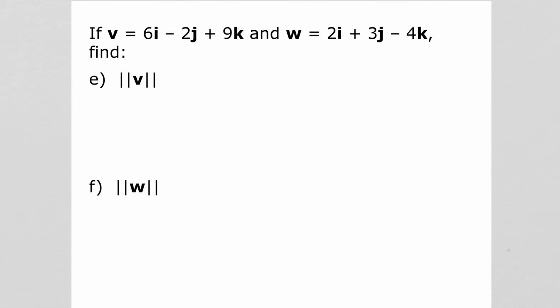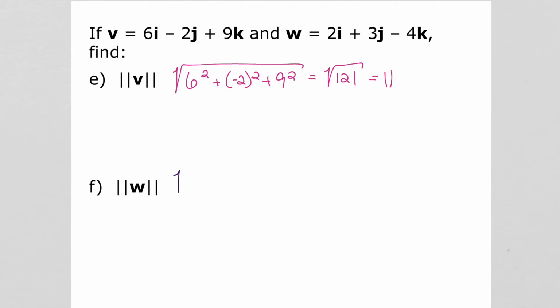The magnitude of v, square root of 6 squared plus negative 2 squared plus 9 squared, gives us the square root of 121, or 11. And the magnitude of w would be the square root of 2 squared plus 3 squared plus negative 4 squared, which is the square root of 29. So all just the same as we did dot product in the plane.